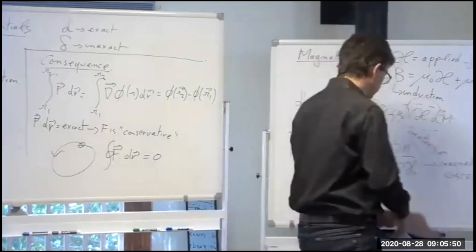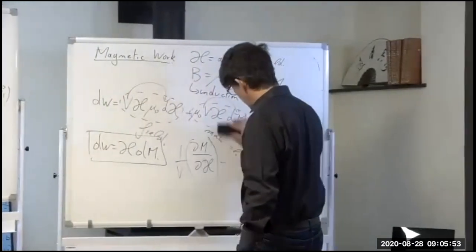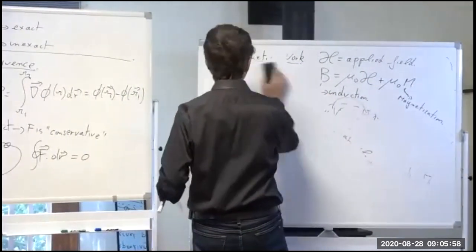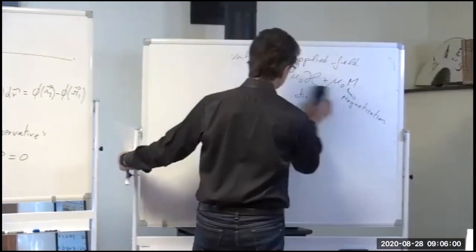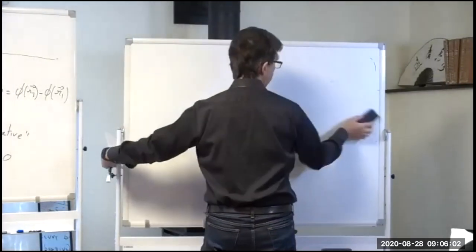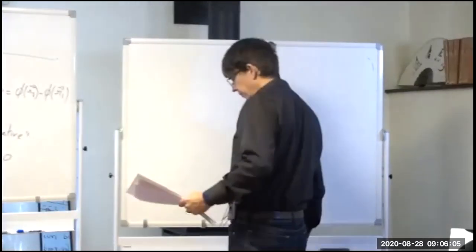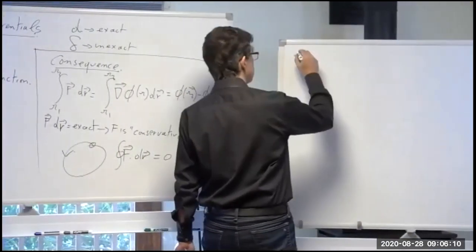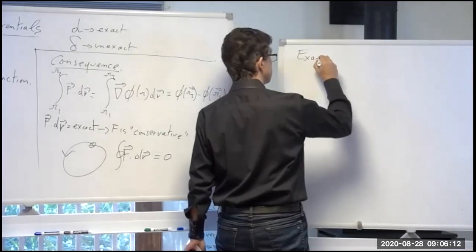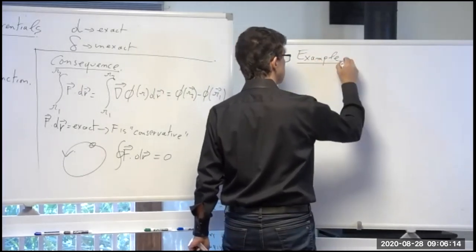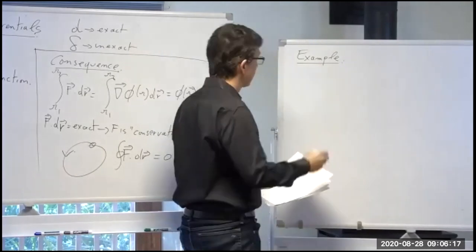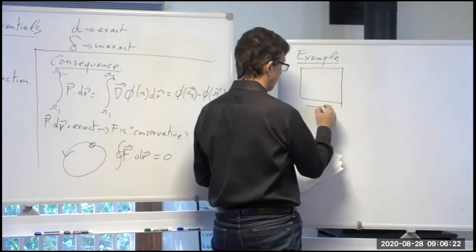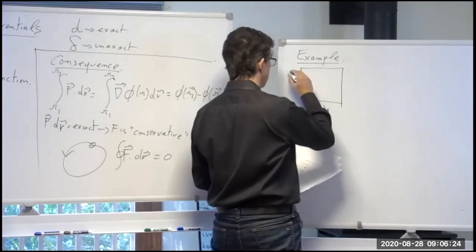What I'm going to do is move an object in a potential energy field, let's say a gravitational field. And first I'm going to do that perfectly, in which case we will have conservative forces, and then I'll show you where the imperfections come from. So let me do an example. Imagine that I have some kind of potential energy landscape, and I'm going to draw it by contour lines.